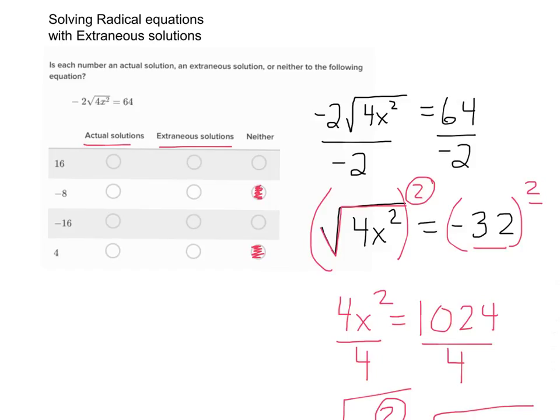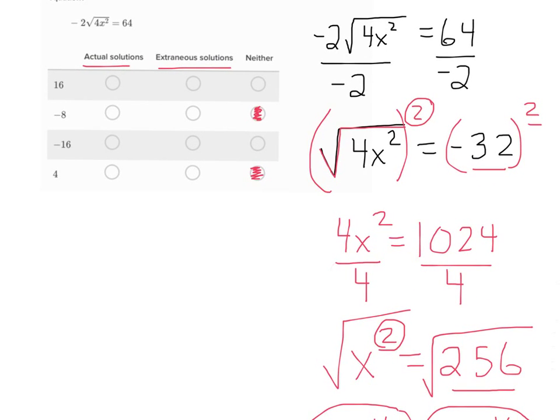The only way we can tell what 16 and negative 16 are is to plug them in for x and see if it gives us a true statement. So let's plug 16 into the original equation. I've got negative 2 times the square root of 4 times 16 all squared equals 64. I'm trying to see, is that a true statement? Let's simplify it. First, let's calculate what 16 squared is.